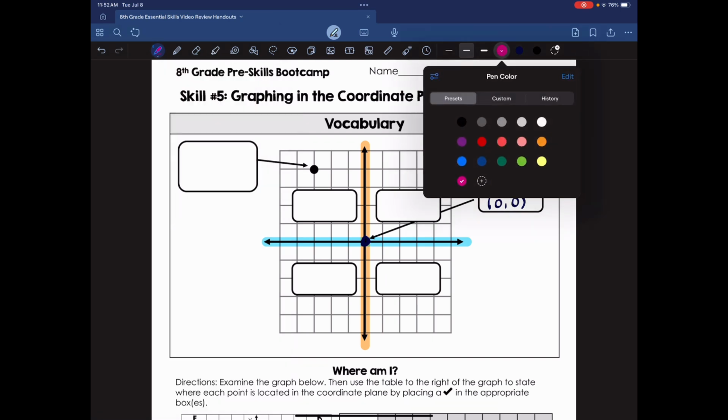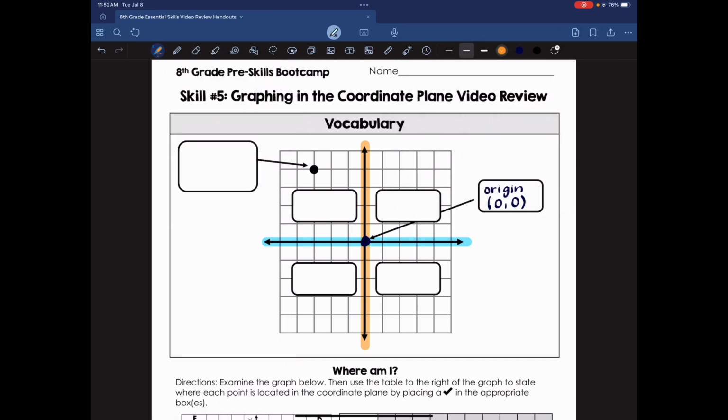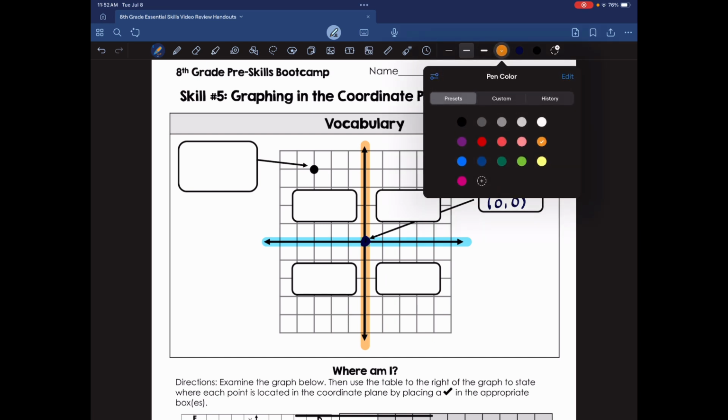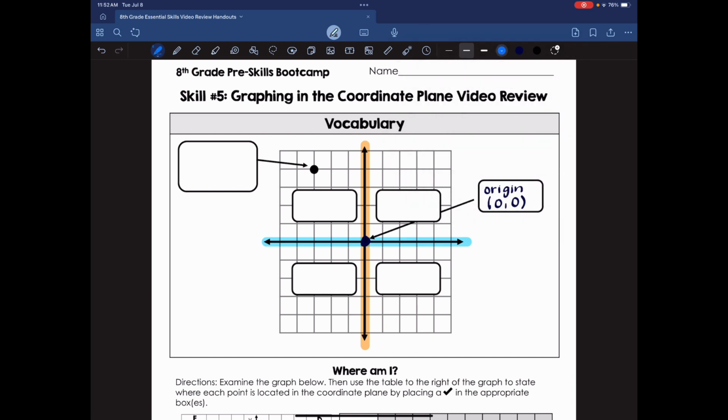So now I can think about our two parts of the coordinate plane. Let me get some different colors here. When we are graphing, we always start with the x-axis. All the points to the right of the origin on the x-axis are positive, so I call this the positive x-axis.